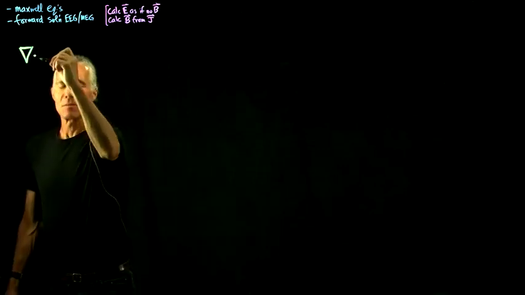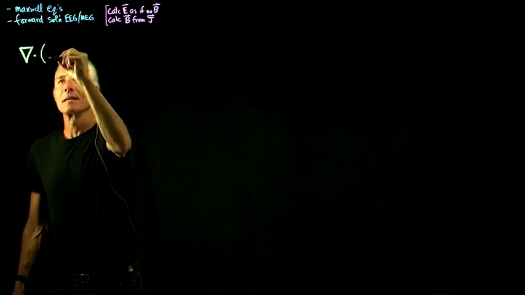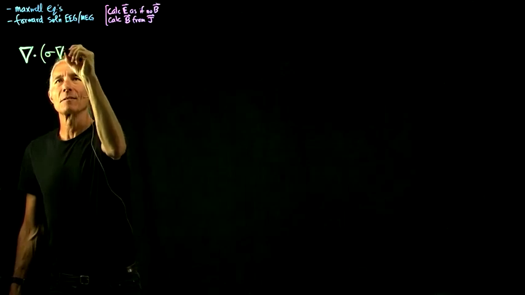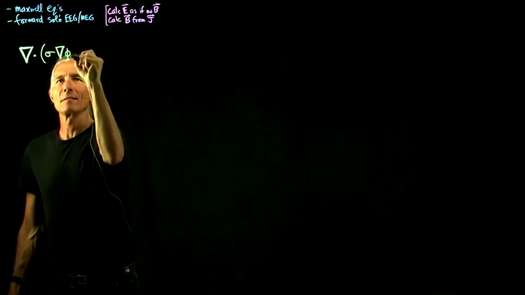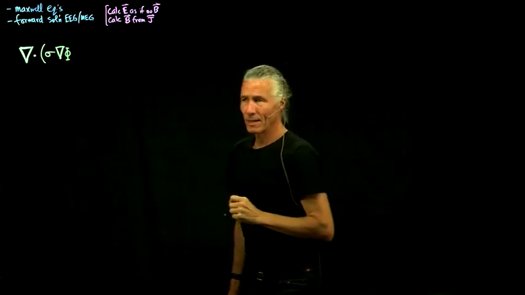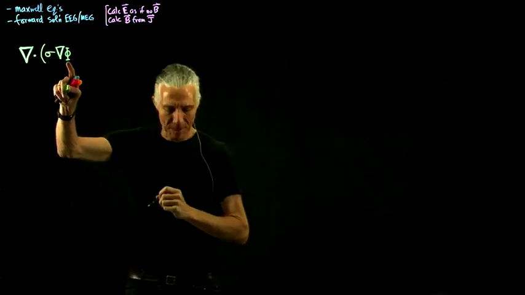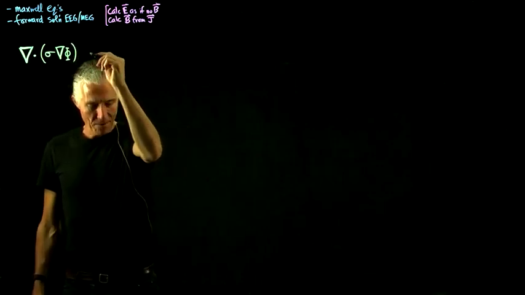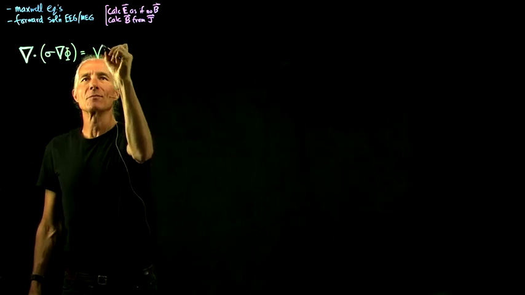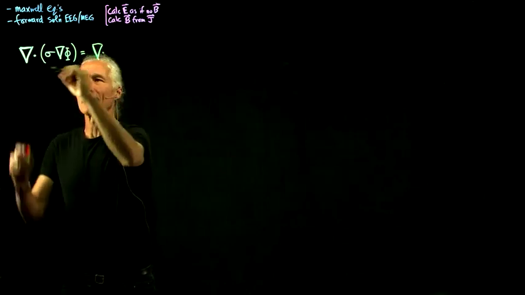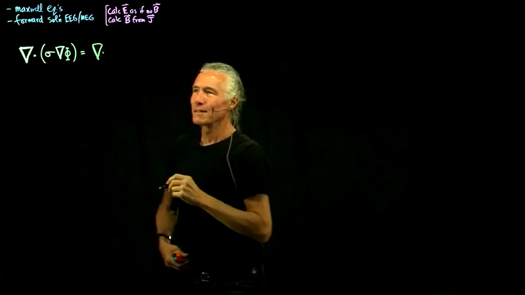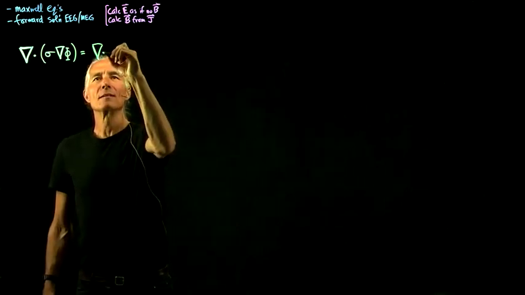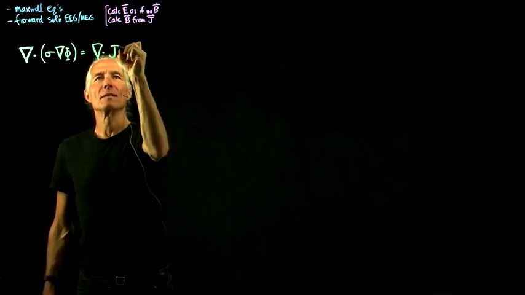So the first one is that our data here, this electric potential, is equal to the divergence. That's the divergence of the gradient of the potential is equal to the divergence of the currents.